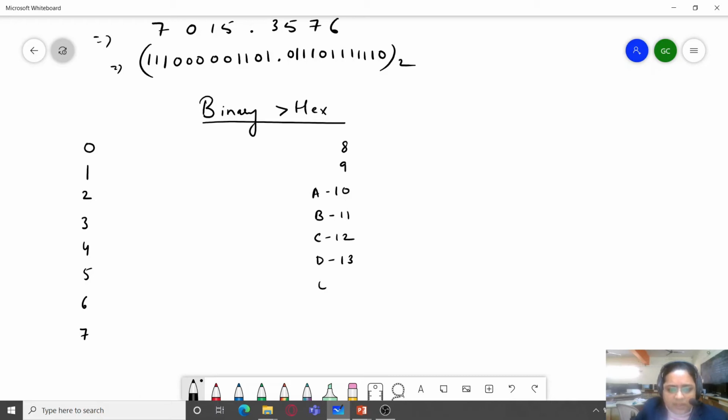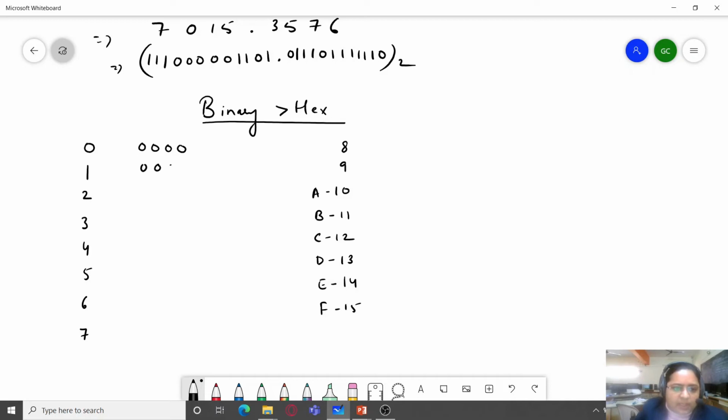As discussed earlier, A to F represent the hexadecimal digits 10 to 15 respectively. So now the binary equivalents in terms of 4 digits, because starting from 8 onwards, every hexadecimal digit would be needing 4 bits.